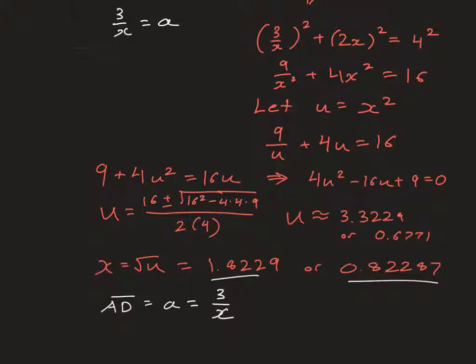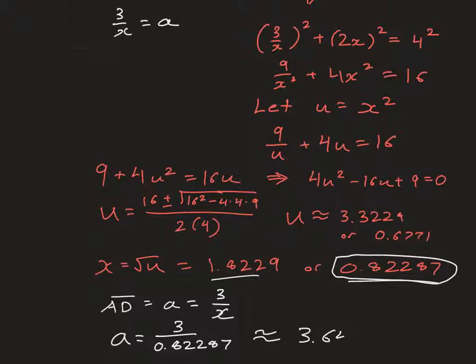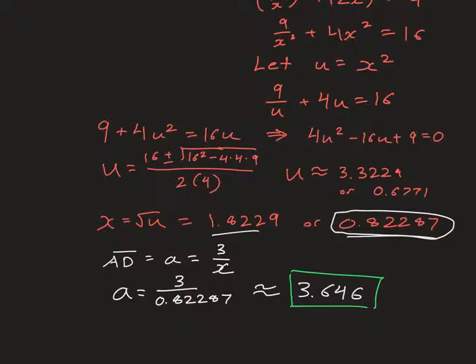So we want to find the lowest possible value for x, and that's right here. And so A, if we use the lowest possible value of x, would equal approximately 3.646. And that turns out to be the answer.